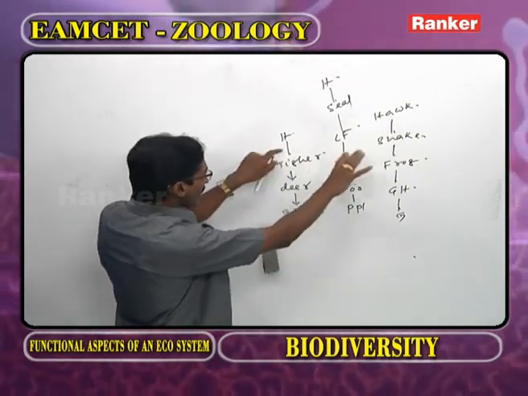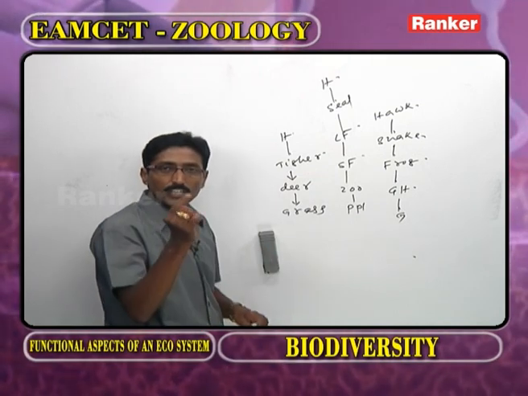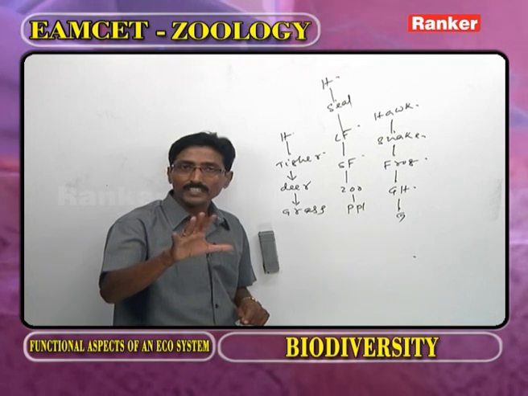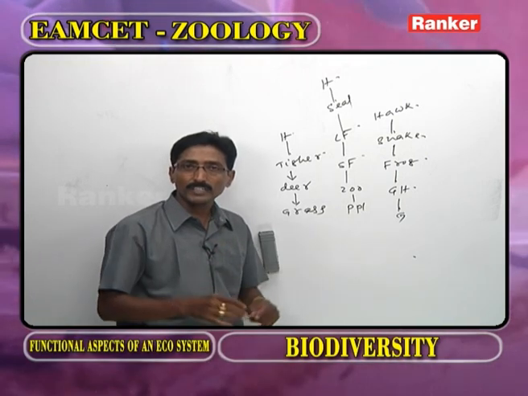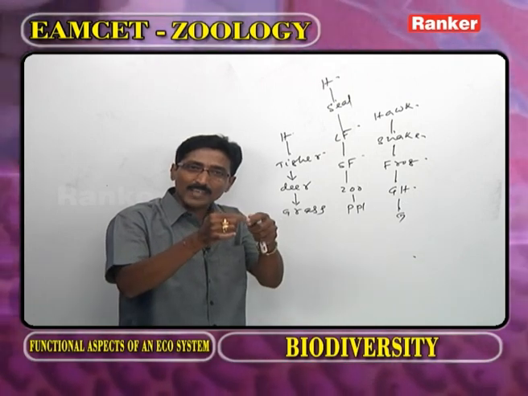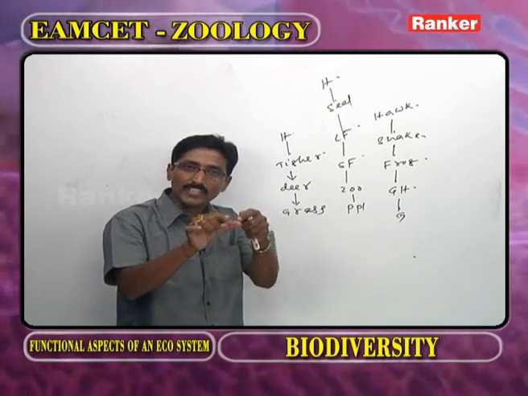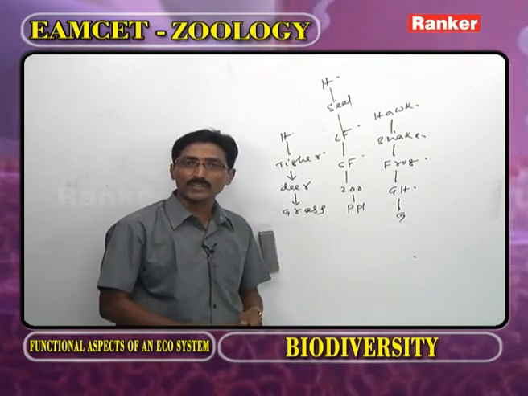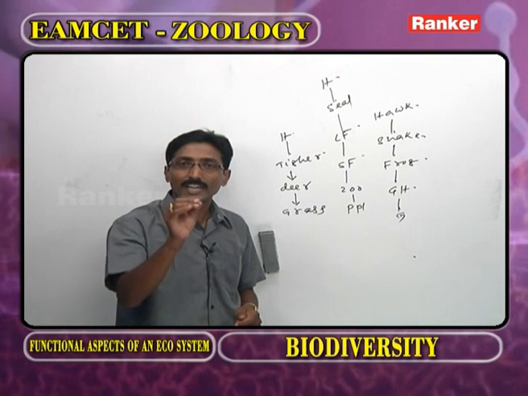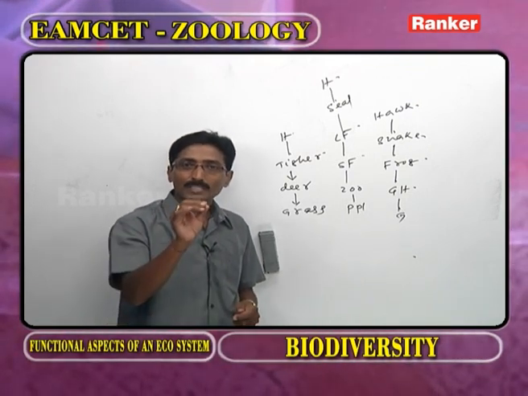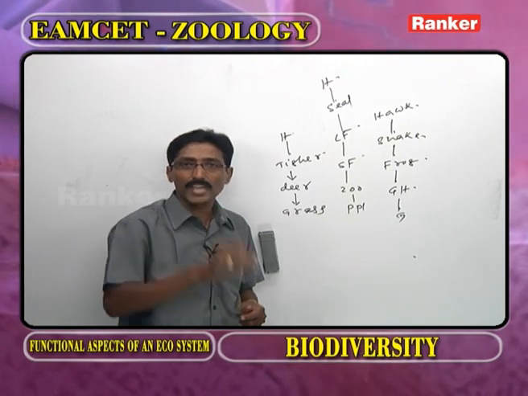That means as we observe the food chains, each food chain appears to be independent, but in reality the food chains are not independent. Among the food chains there is an inseparable association in the form of a net, which we call a food web, because in the ecosystem or in the kingdom Animalia, the animals have different feeding habits.